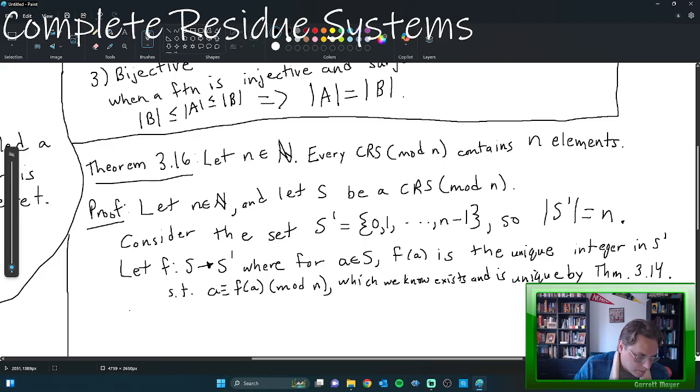And now we're going to start by proving injectivity.